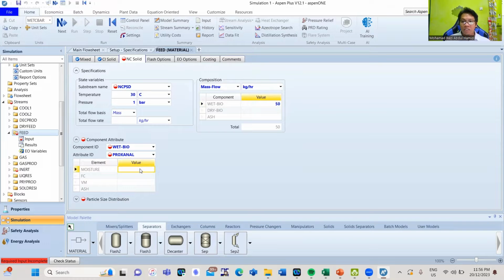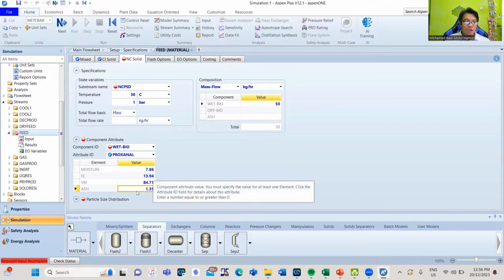So here, moisture is 7.86, fixed carbon is 13.94, volatile matter is 84.71, ash is 1.35. When you add all of this, it becomes 107.86. So you add ash, volatile matter plus fixed carbon, and it will become 100.